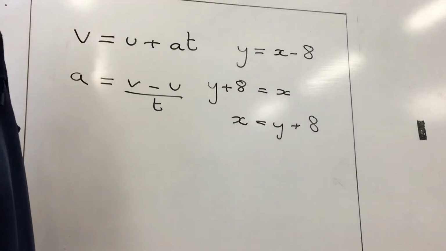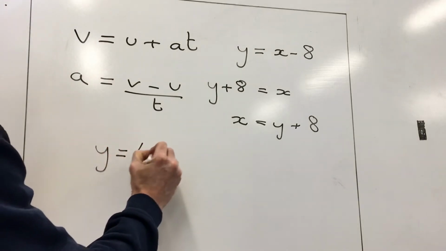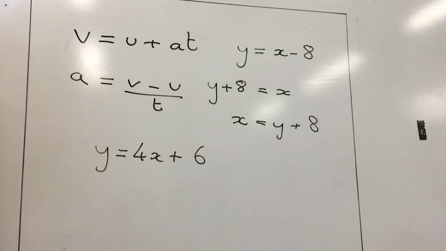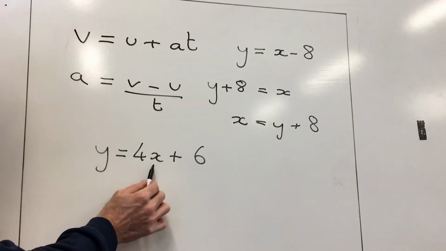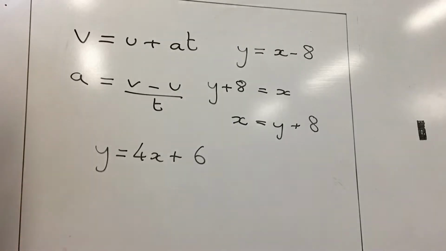If we had an equation y equals 4x plus 6, and the question said, please make x the subject of the formula. So we need to get x on its own on this side. We do it the same as we do in equations. The same rules apply. Whatever you do to one side, you do to the other.